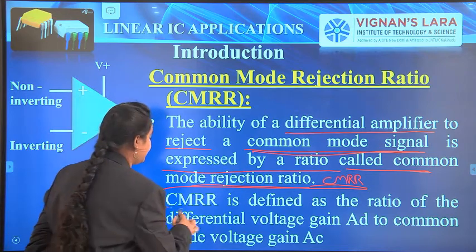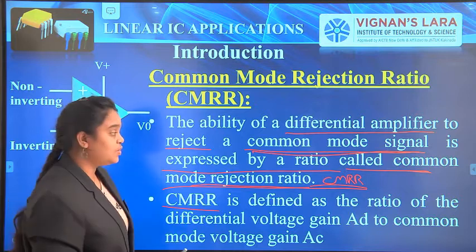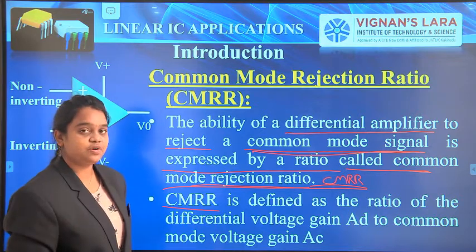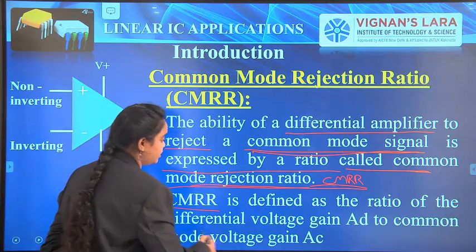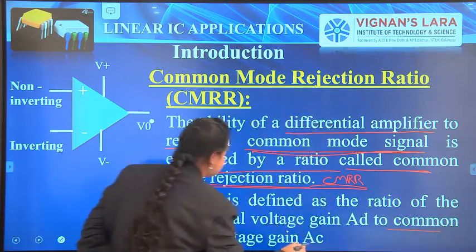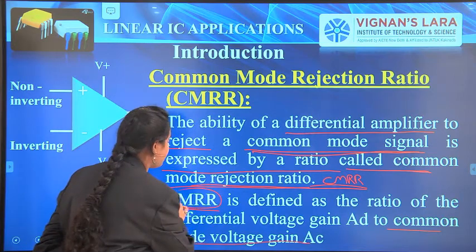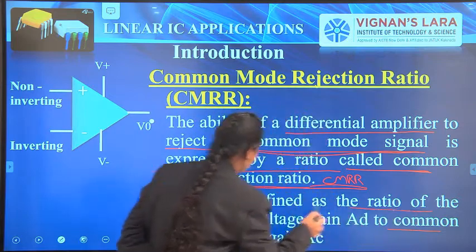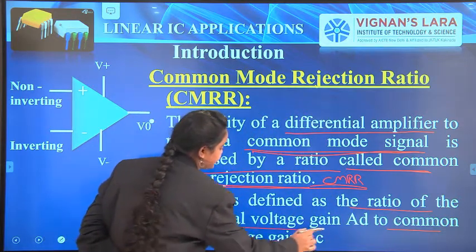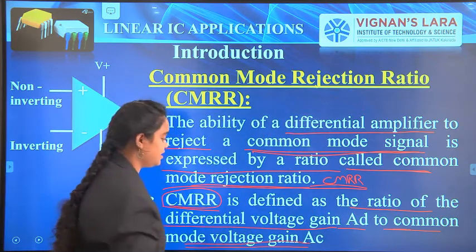CMRR is defined as the ratio of the differential voltage gain to the common mode voltage gain. CMRR means common mode rejection ratio. It is defined as the ratio of the differential voltage gain AD to the common mode voltage gain AC.